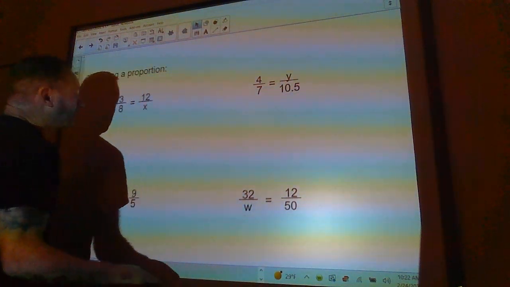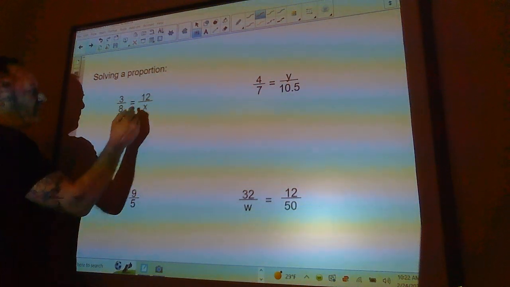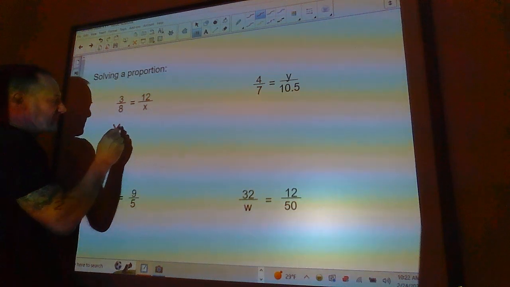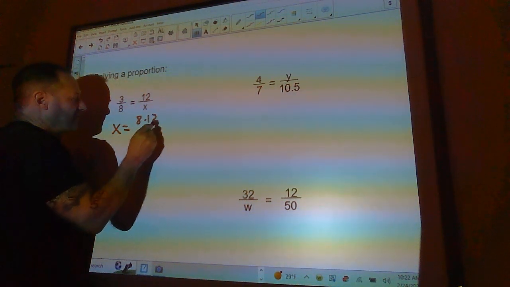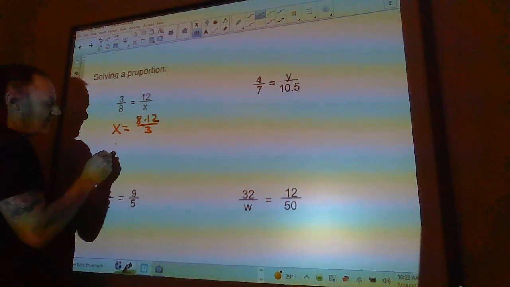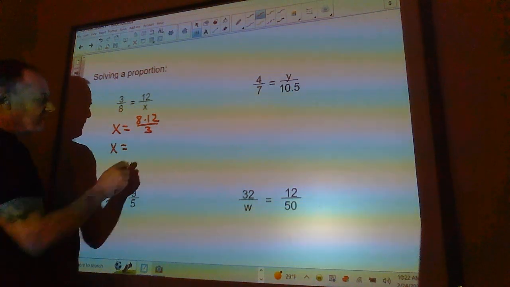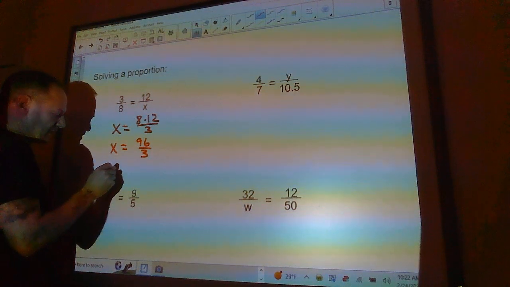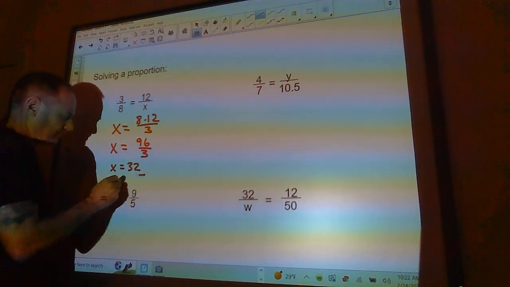Remember when we solve a proportion, you always multiply the two diagonal numbers together and divide by the other one. So x equals 8 times 12 divided by 3, which is 96 divided by 3, which is 32.